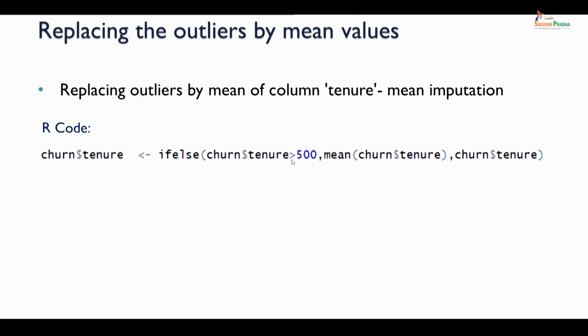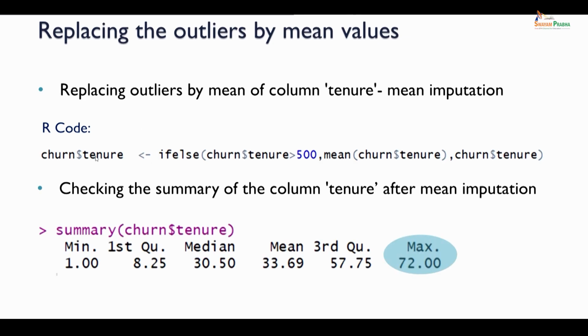Otherwise, if it is not greater than 500, do not replace, retain the older values. Here I have given the cutoff as 500. Based on your domain knowledge or your requirement, you can give your own values. Here I am just giving the value as 500.